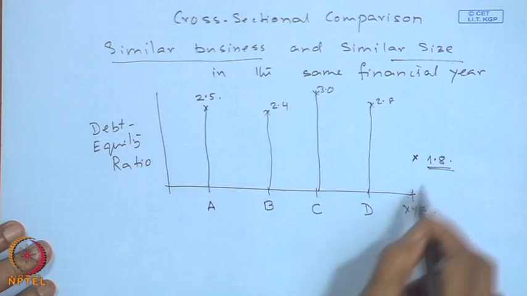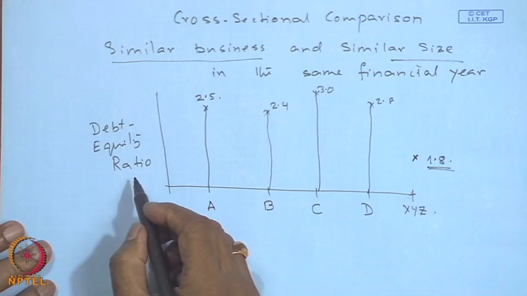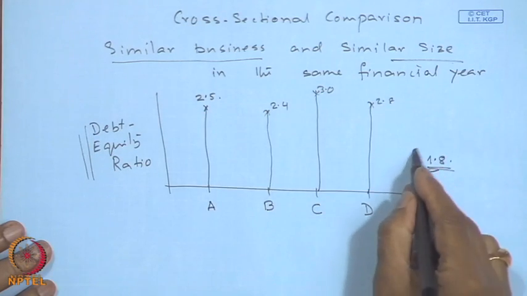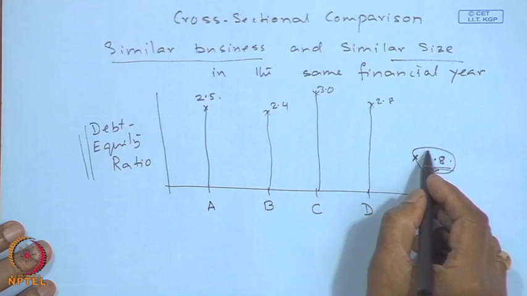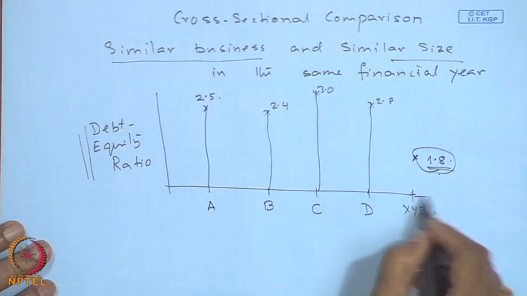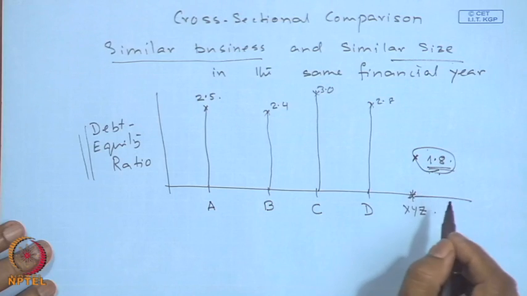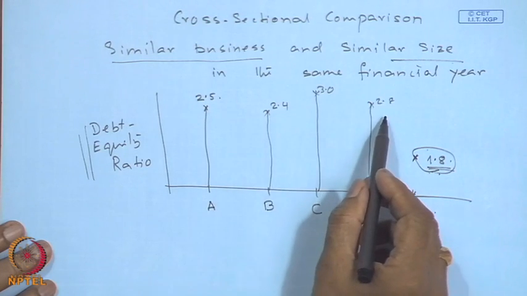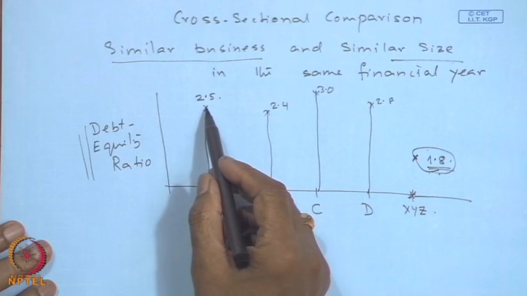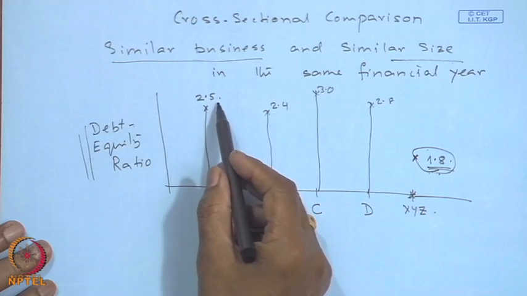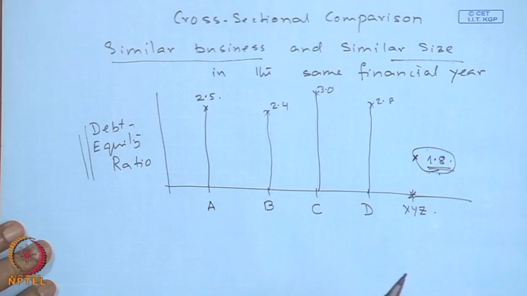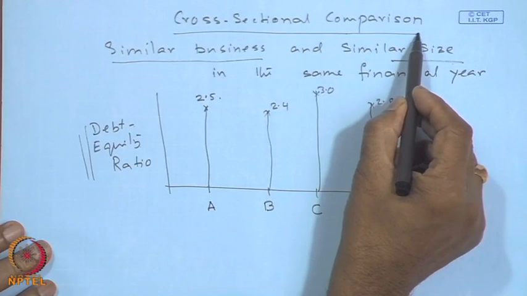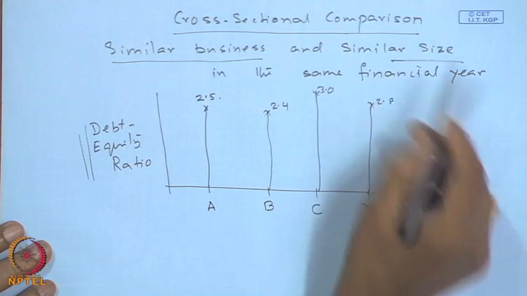Now, an analysis could be made as to whether this is good enough a value for the company or whether it should go for more debt and less equity for the benefit of the company, in the light of the fact that most other companies in the industry have gone for debt financing rather than equity financing. Now, this is called cross sectional analysis or cross sectional comparison.